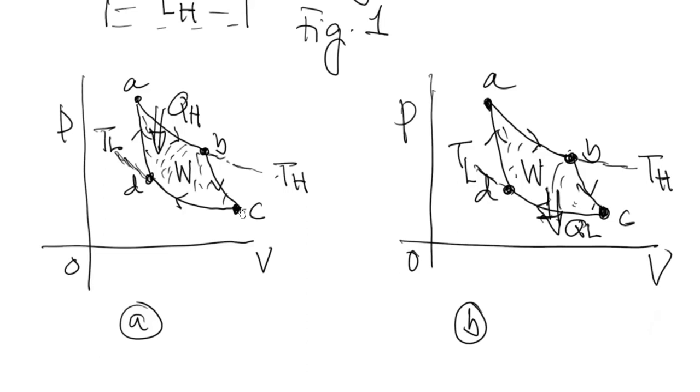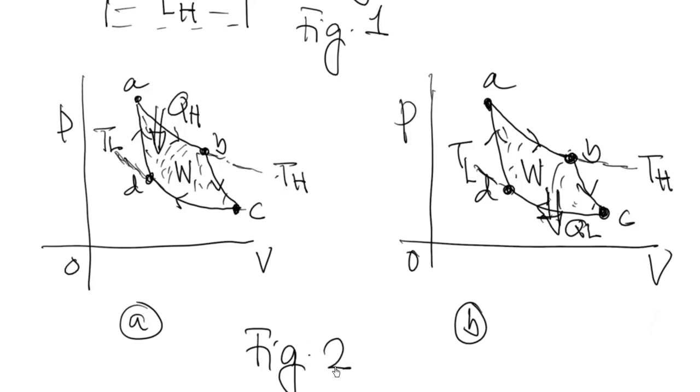This is figure 2, the earlier figure is figure 1. This figure shows a PV plot of the Carnot cycle, the cycle followed by the working substance.